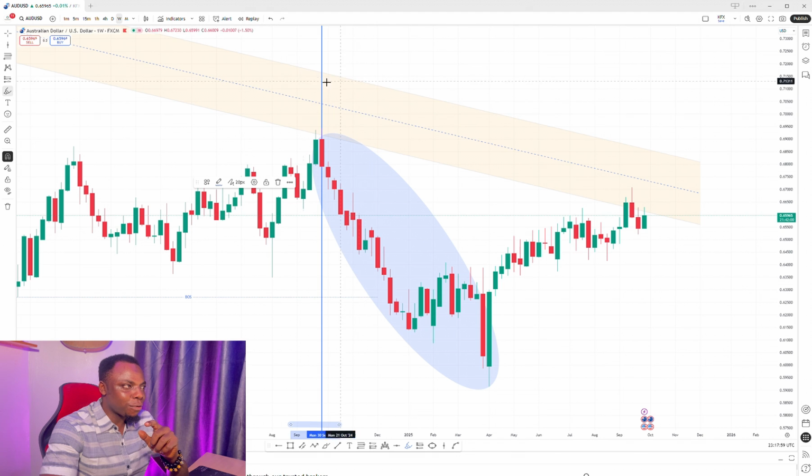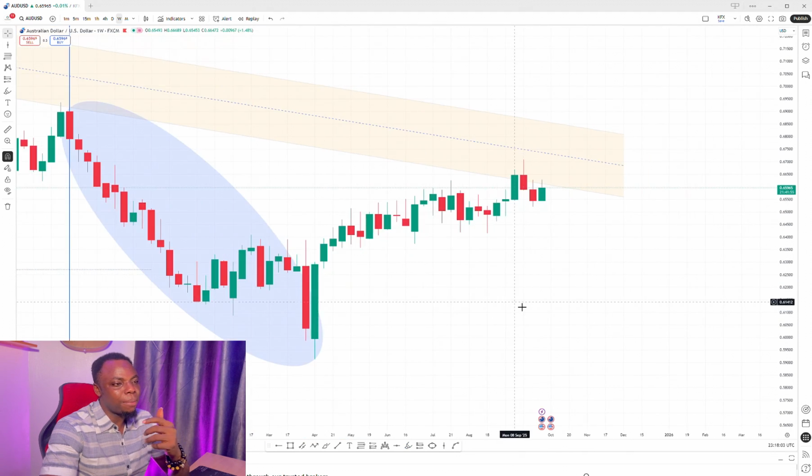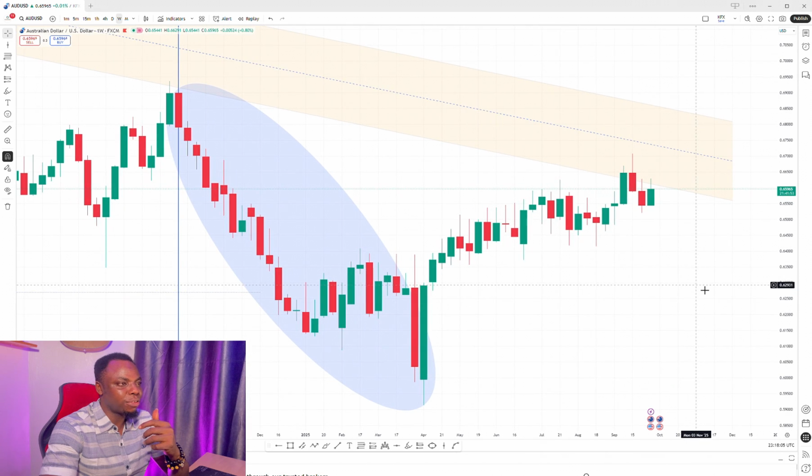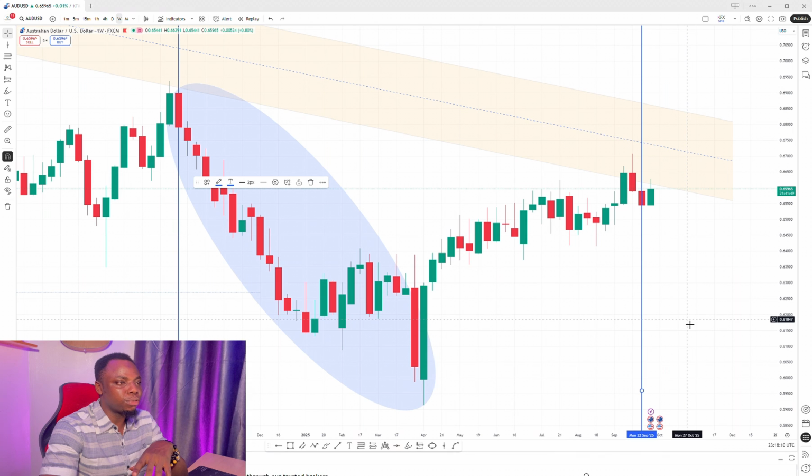Why? From that particular significant level. And I move down to this year. As you can see what is happening this year, last week for September also happens to be a bearish candle. Why? The market is also reacting from the same zone, the same significant level.